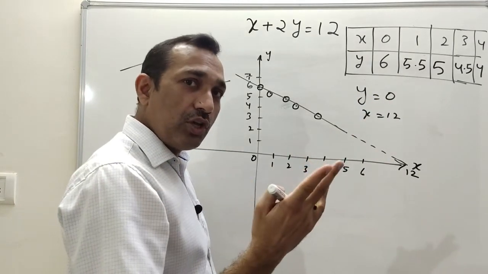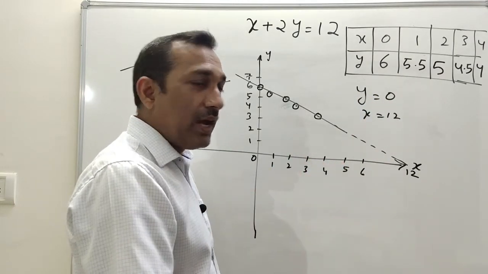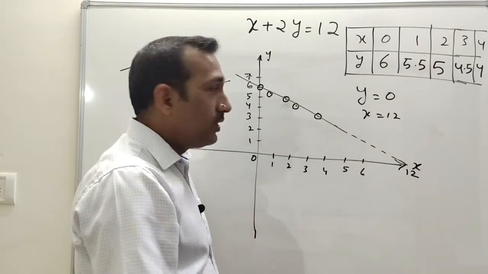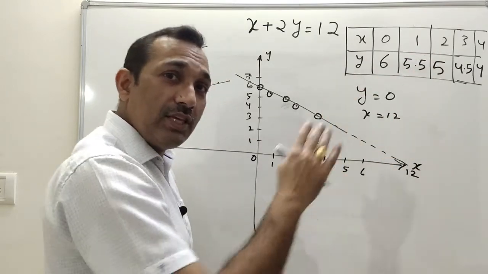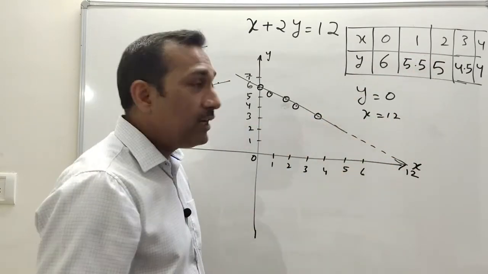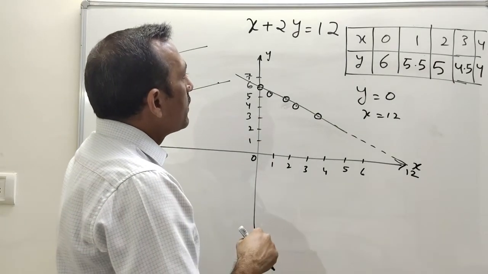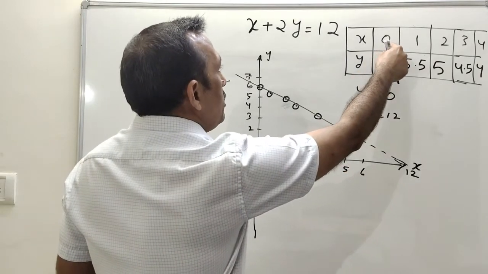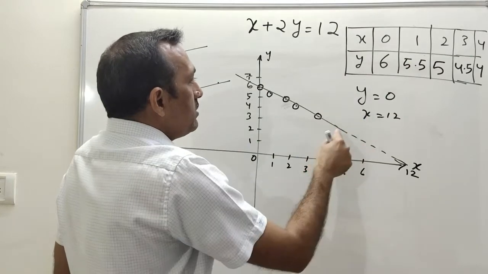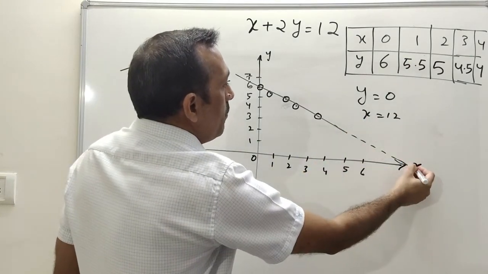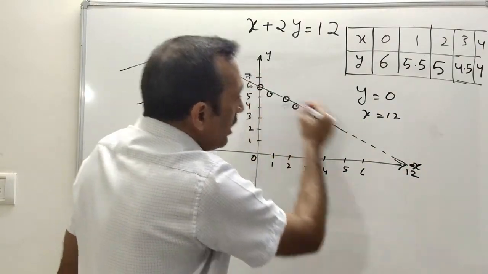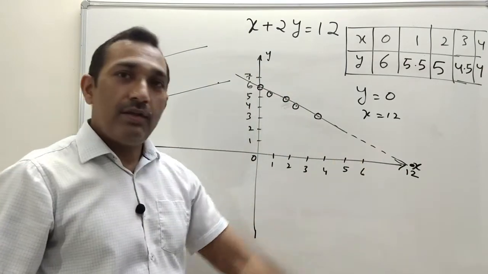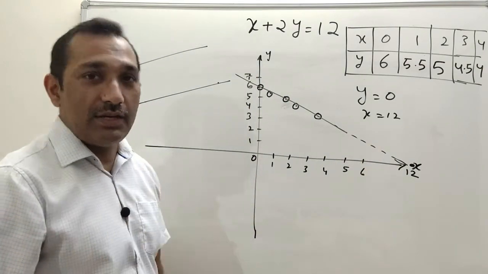These 2 points should give me this line. I need not put all the values. These values will lie on this line, right? So when x is 0, y is 6. When y is 0, x is 12. If I have a point here which is 12, I can just plot a line with these 2 points and I get the graph.